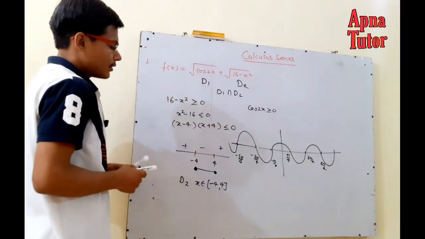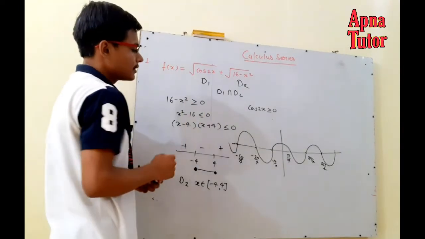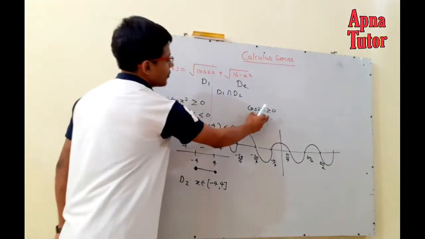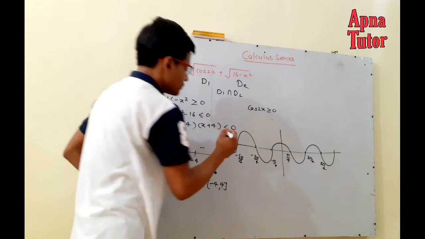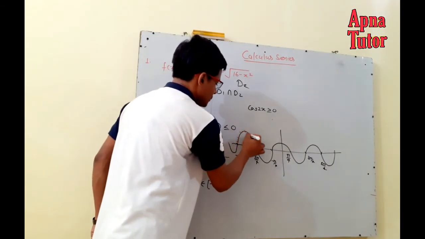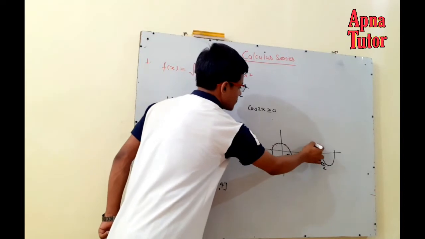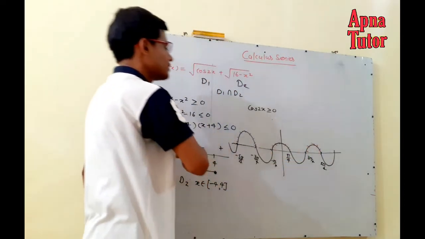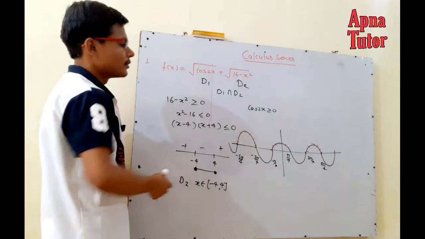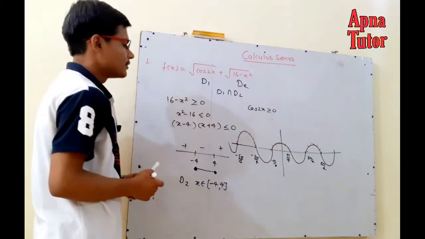So what is the domain of this function? As you know, cos 2x must be positive. So these are the positive loops of the cos 2x function. They go from minus infinity to plus infinity.